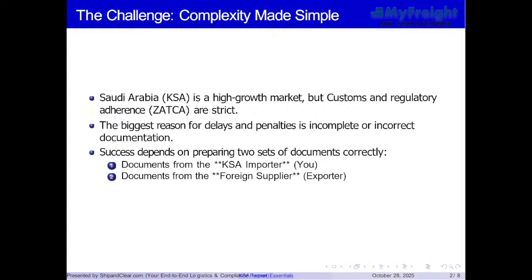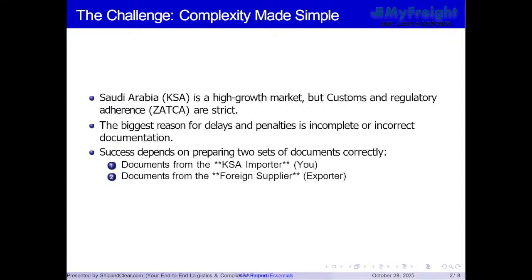That's why it gets delayed, or sometimes it gets rejected and returned, especially food items, because the regulatory authority always makes sure that only good products are coming to Saudi Arabia. That's why you have to prepare the proper documentation. If you lose any document, you can get into trouble.